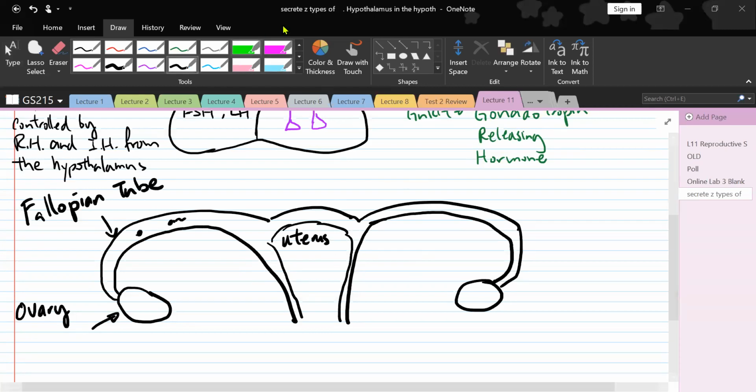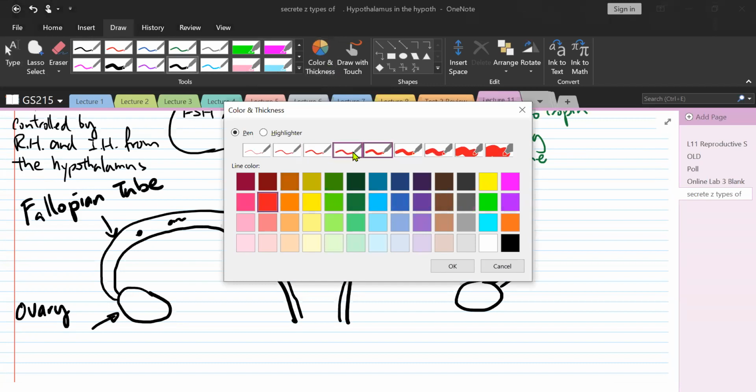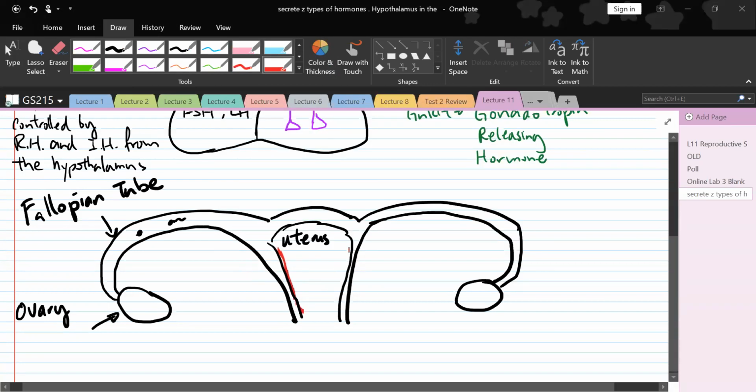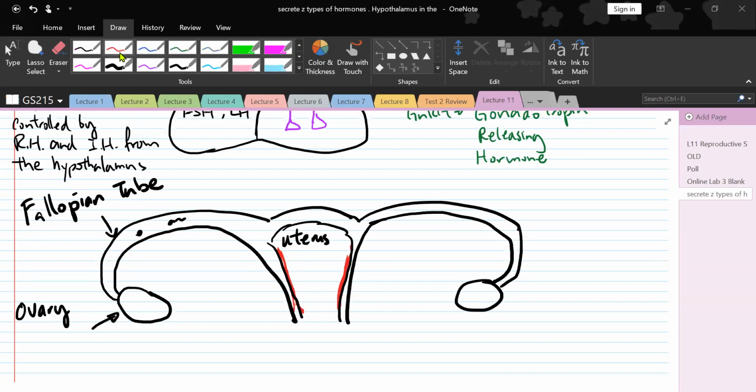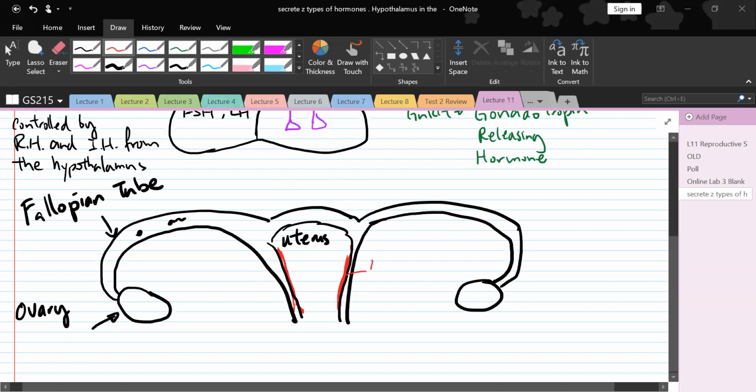Okay. The lining of the uterus is called the endometrium. Endometrium.